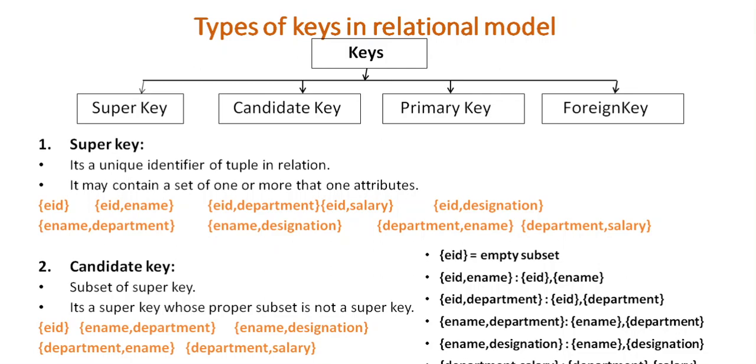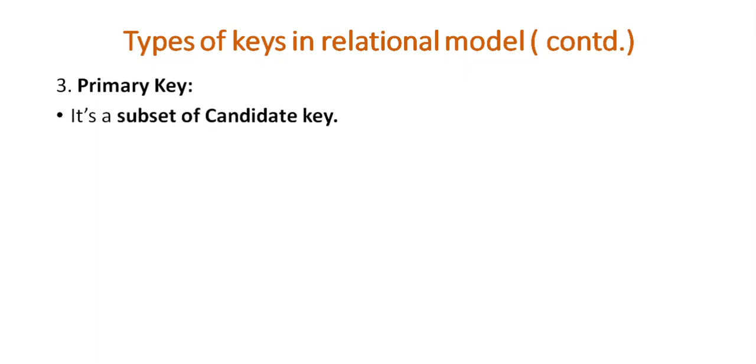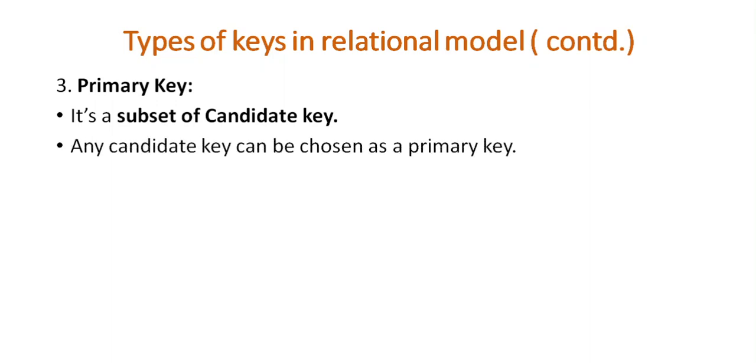Now the next type of key is the primary key. We have 5 candidate keys, but out of these 5 we need to select only one key which can be used as a unique identifier. So what is a primary key? It is a subset of candidate keys, and any candidate key can be chosen as a primary key.